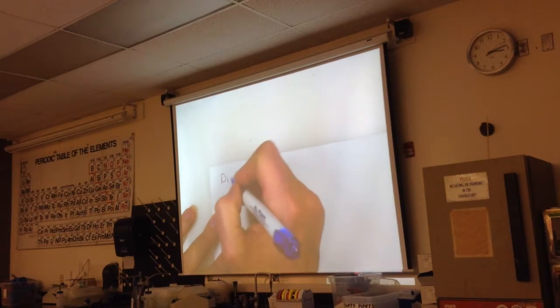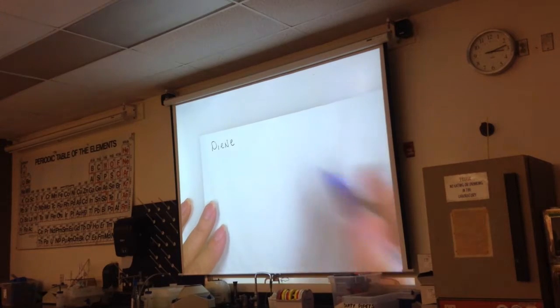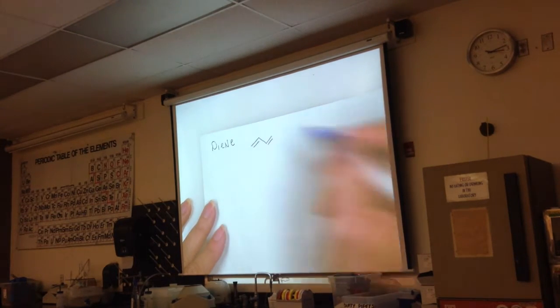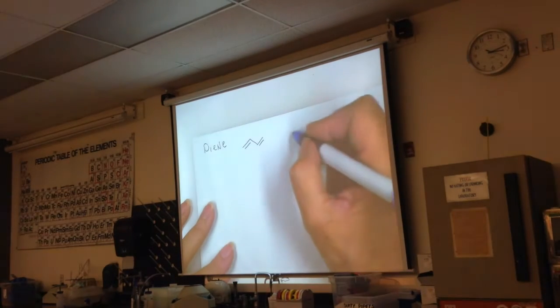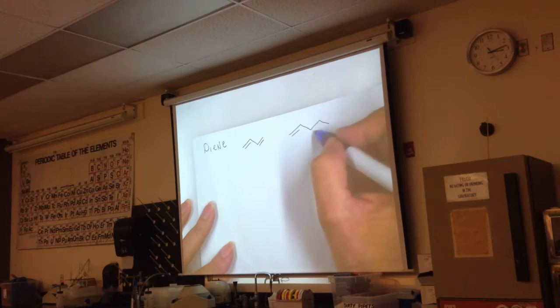A conjugated diene will be something like this. Diene is two double bonds. Conjugated means you alternate. So if you do 4 carbons, it has to be double, single, double. If you do 5 carbons, you have to still do double, single, double, single.